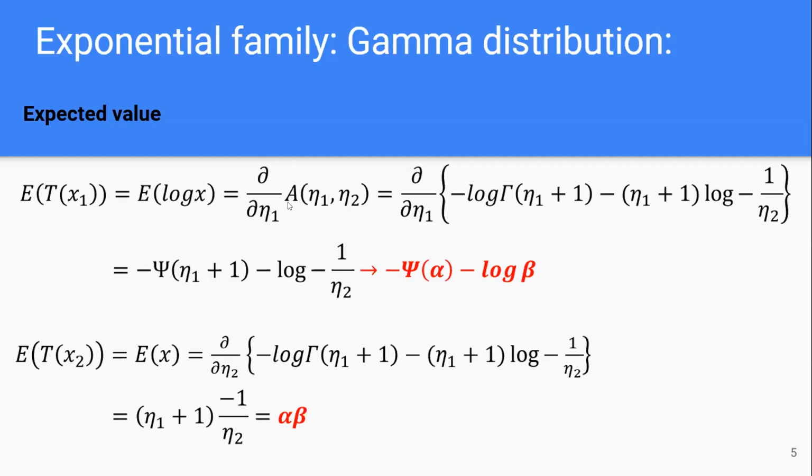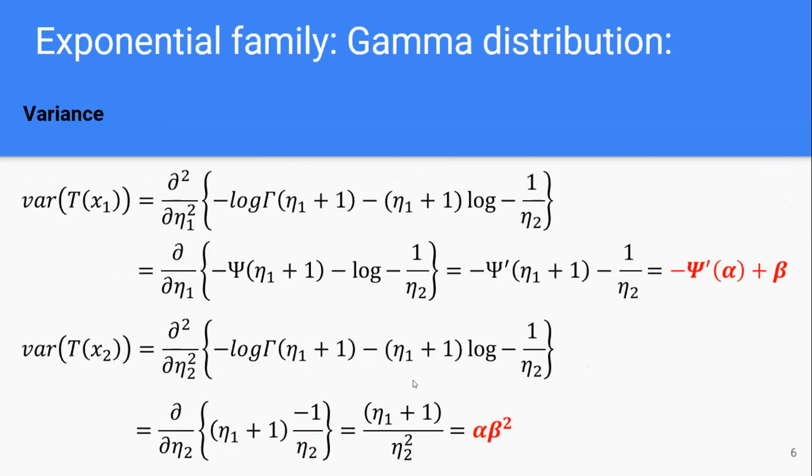With respect to alpha, we have the digamma function minus log of beta. For beta, we have alpha times beta. For the variance, which is the second derivative of the log partition in the canonical form, we have this, the second derivative with respect to eta 1, and this with beta, the second derivative with respect to beta.